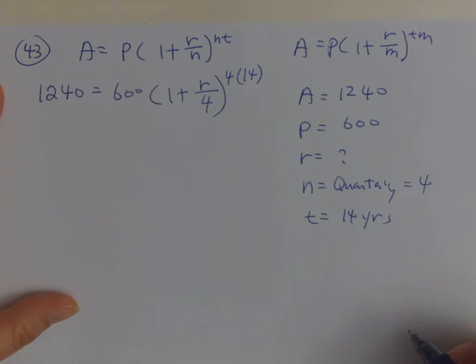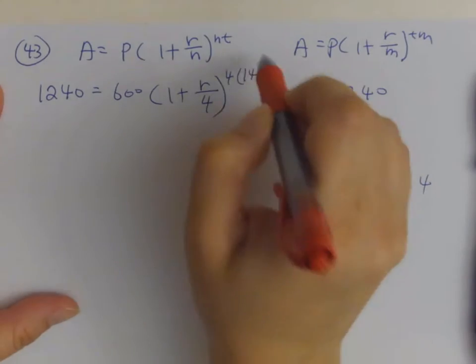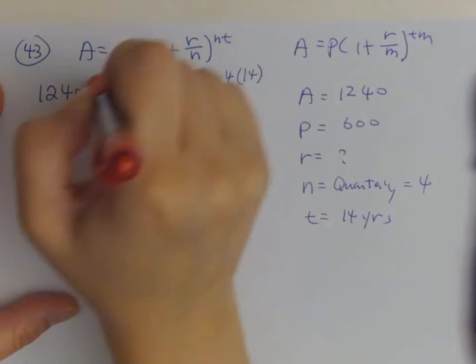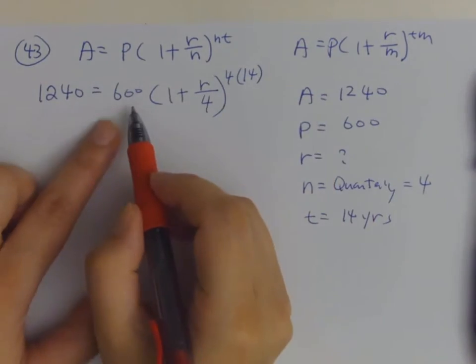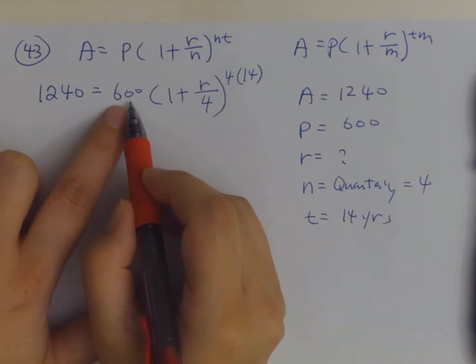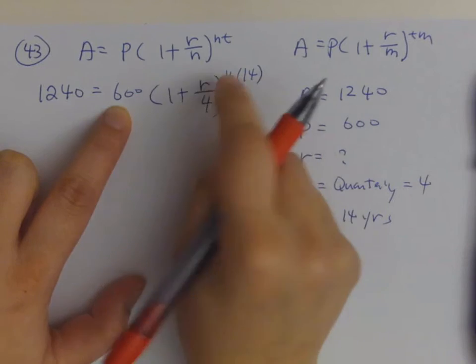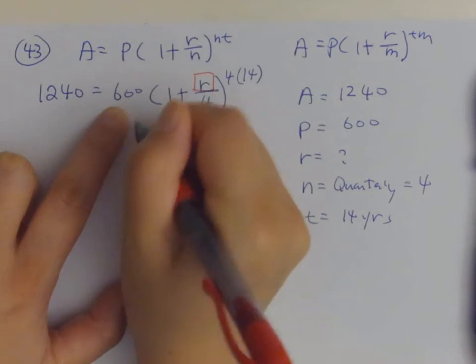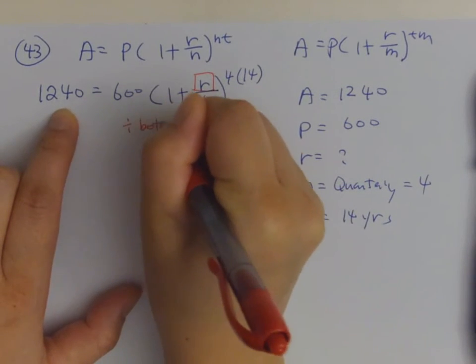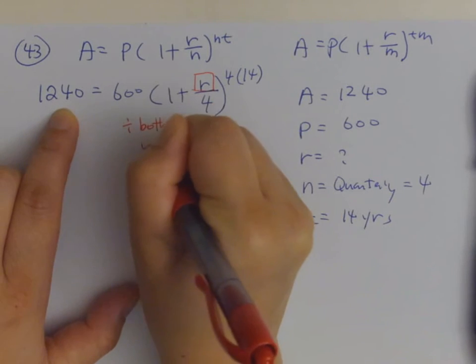So I'm solving for r, which means I need to simplify this side, right? To simplify this side, I can try to get rid of the 600 first. 600 is multiplying all this, so to simplify the side with the unknown r, we will divide both sides by 600.